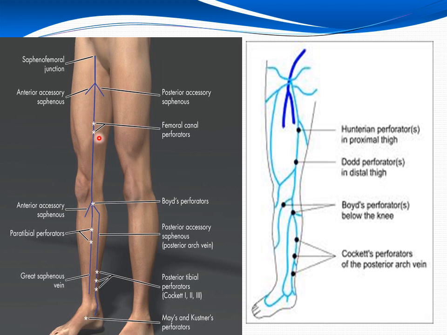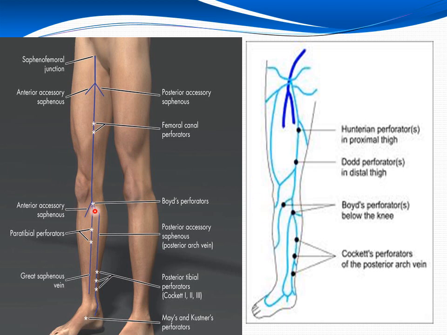Then we have a knee perforator. It connects the great saphenous vein with the posterior tibial vein just below the knee.